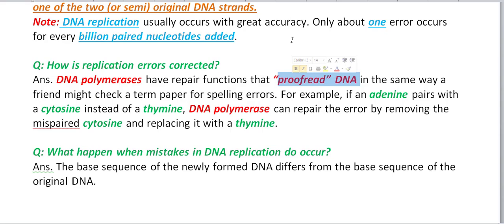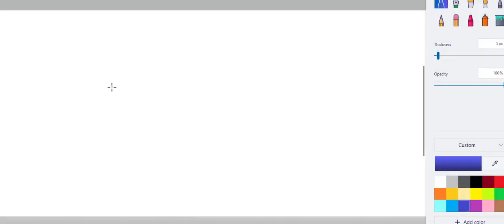For example, if adenine is paired with cytosine.